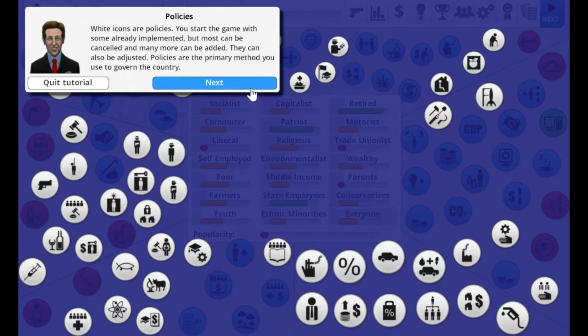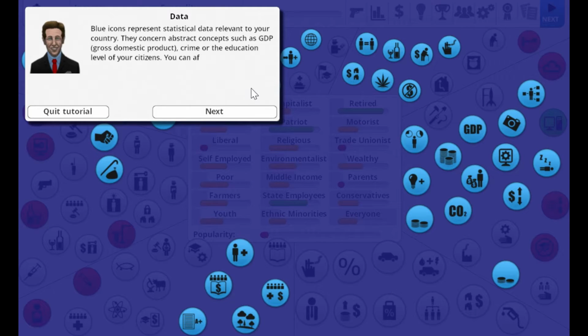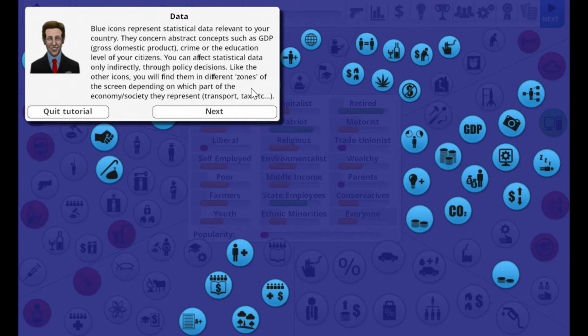White icons are policies. You start the game with some already implemented, but most can be cancelled and many more can be added. They can also be adjusted. Policies are the primary method you use to govern the country. Blue icon represents statistical data relevant to your country.